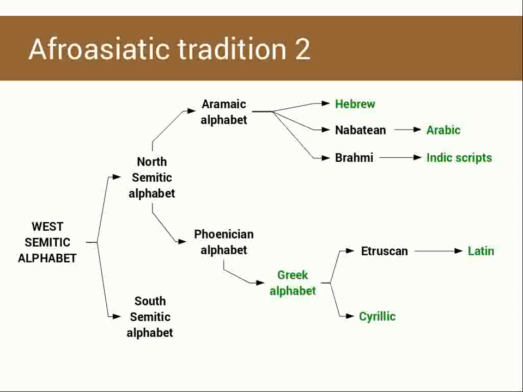So from West Semitic alphabet through North Semitic alphabet, we've got Phoenician and Aramaic, and Phoenician alphabet gave rise to what we would consider modern alphabets, the ones that try to represent every sound of their language: Greek, Cyrillic, and Latin. While Aramaic became kept to be an abjad, and that's where Hebrew, Arabic, and Indic scripts, which are Abugida, evolved from.